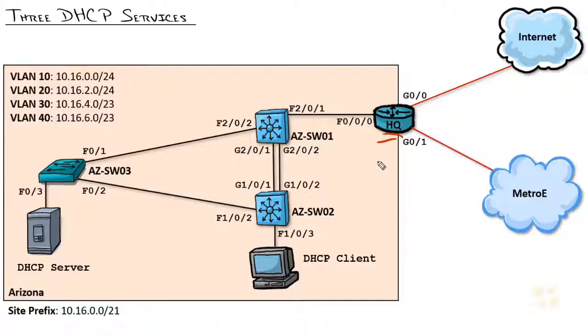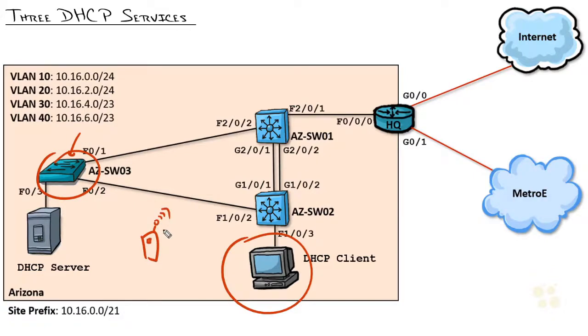So that being said, I want to show you the 3 DHCP services. In this video, I'm going to just talk about them as in, what are they? DHCP client is the ability for a device, and it could be a switch, it could be a computer, it could be a smartphone, and often is a smartphone. I've never seen somebody statically set the IP address on a smartphone.